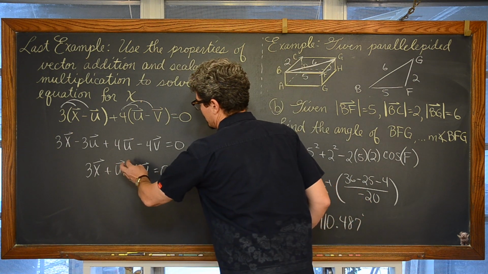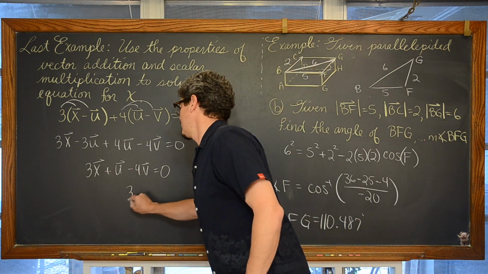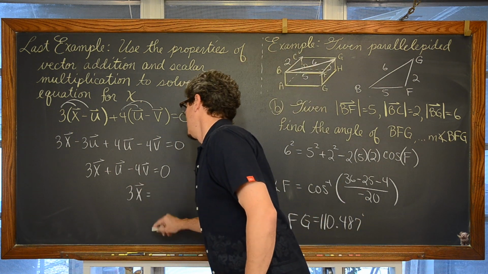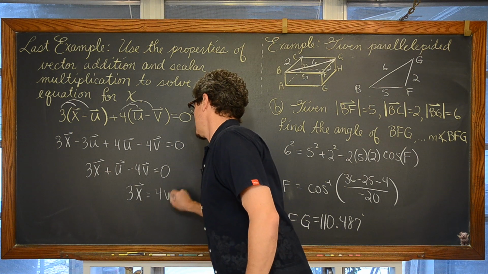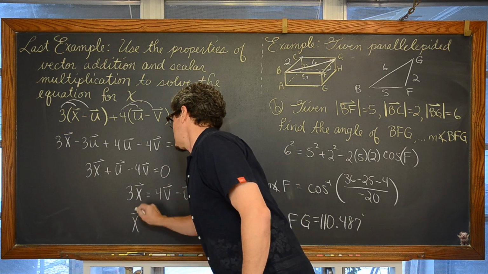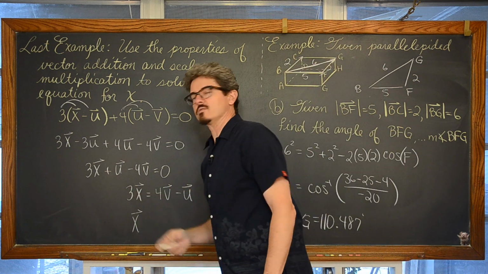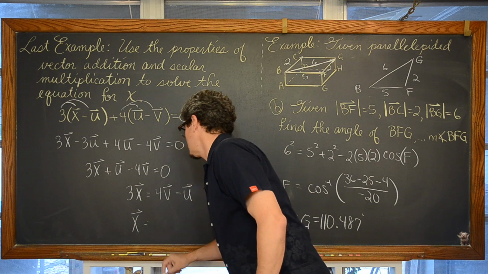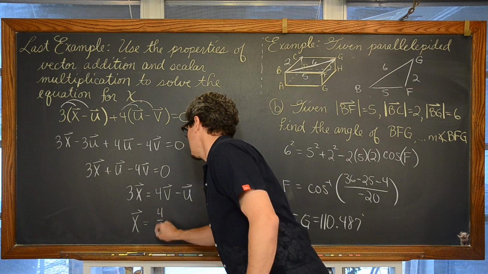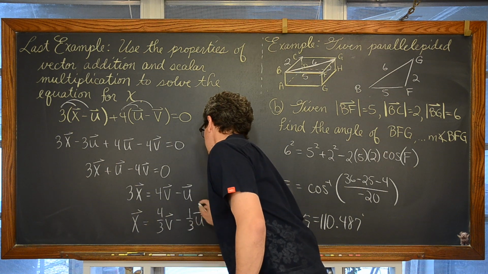The opposite of the subtraction of 4 times vector v is to add it. So we have 3 times vector x is equal to 4 times vector v minus vector u. And vector x, after we multiply both sides or distribute a scalar factor of 1/3, we get vector x is equal to 4/3 vector v minus 1/3 vector u.